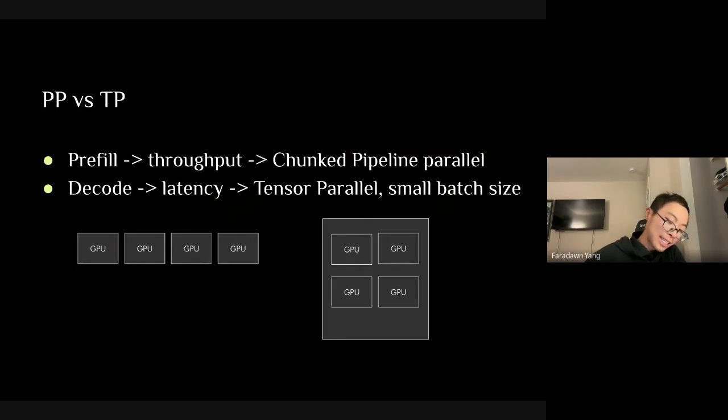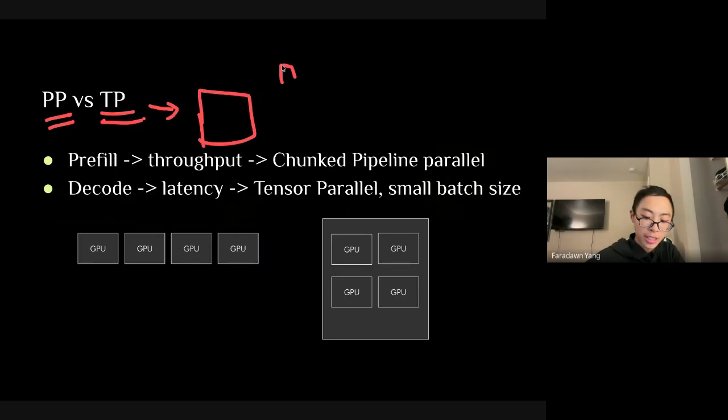So let's dive in. What does TP do? Tensor parallelism is spreading a big tensor into small tensors onto 4 GPUs. So each tensor will have less compute to do, so it will be faster.